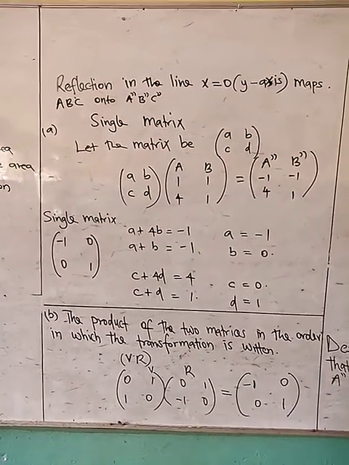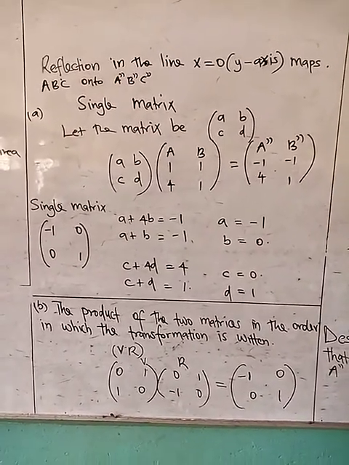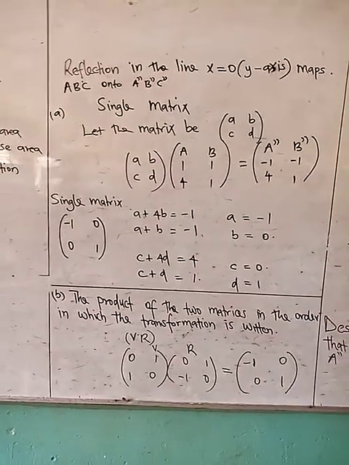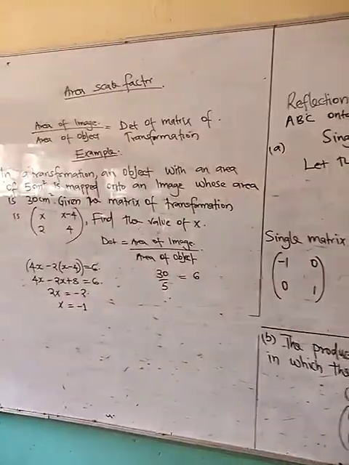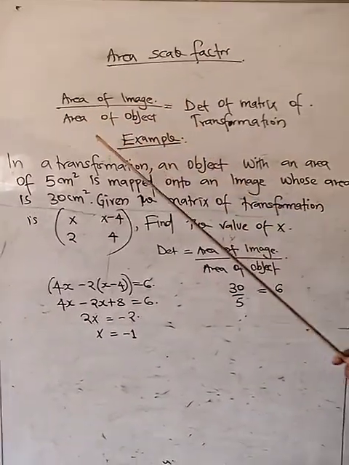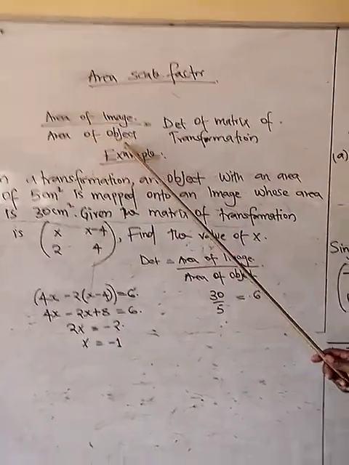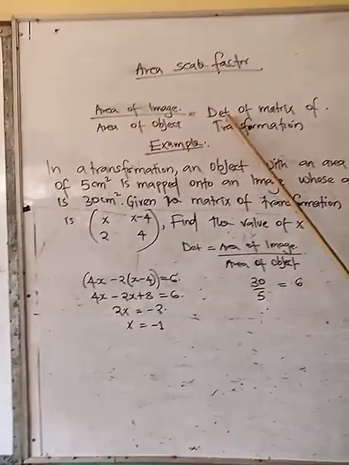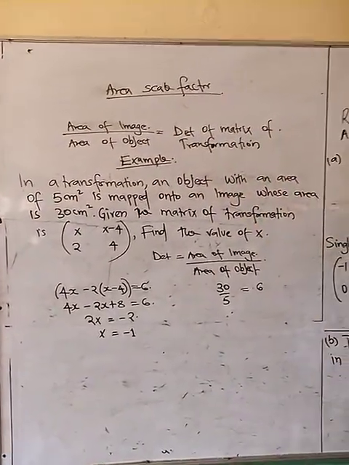Then under that, we're also going to look at the area scale factor of matrices. We realize that the area of image over area of object is equal to the determinant of the matrix of transformation.